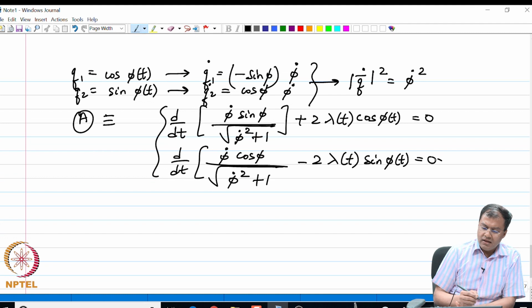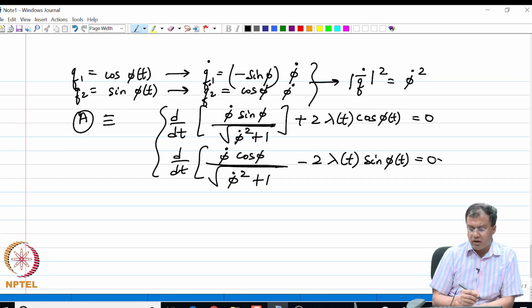So, after plugging in the values of q and q bar and q bar dot is what we get.